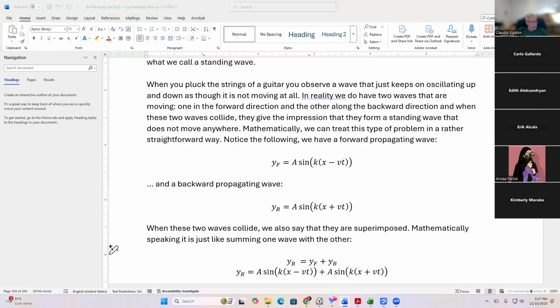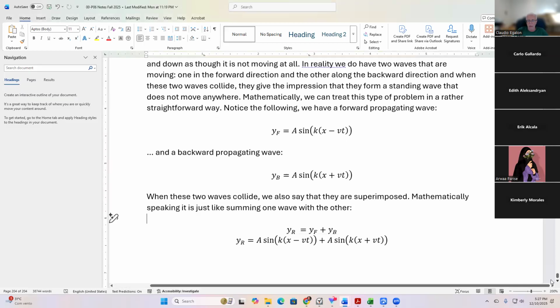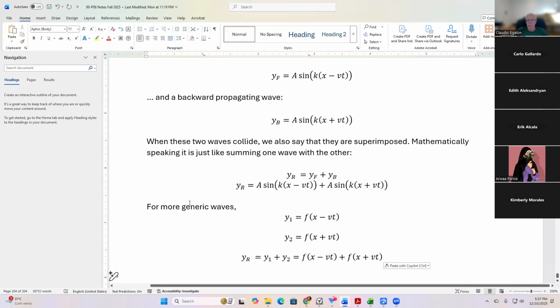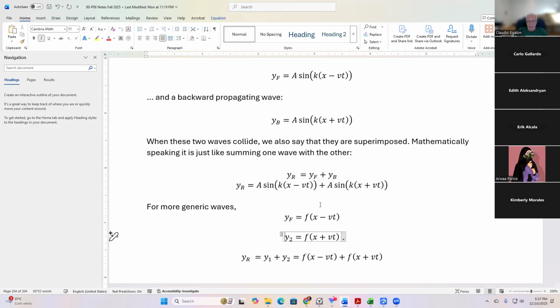And there is a way to rewrite this equation. But before we rewrite it, I want to remind you that a more generic way of writing down this relation would be in terms of those functions, right? Function of the forward propagating wave and the function of the backward propagating wave.